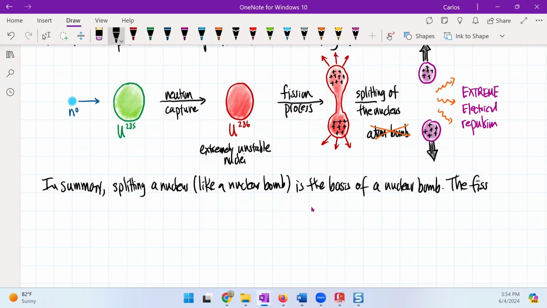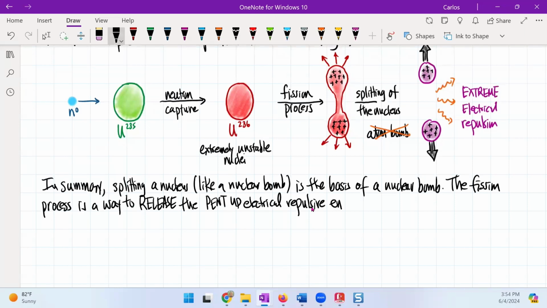The fission process is a way to release the pent up electrical repulsive energy stored by the attractive strong binding energy.